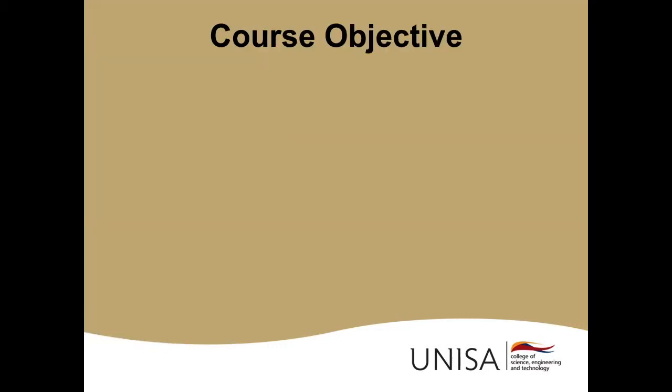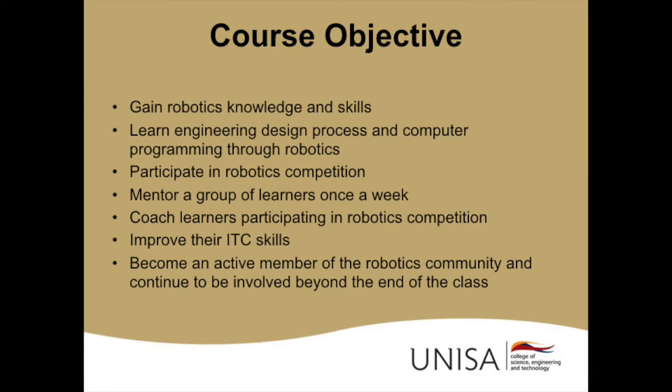So let's take a look at the course content and organization and also at what we expect from you throughout this class. Now, the course objective is that you will gain knowledge in robotics and you will gain skills. You will obtain those skills by actually performing robotics assignments and reporting your progress on them to us.